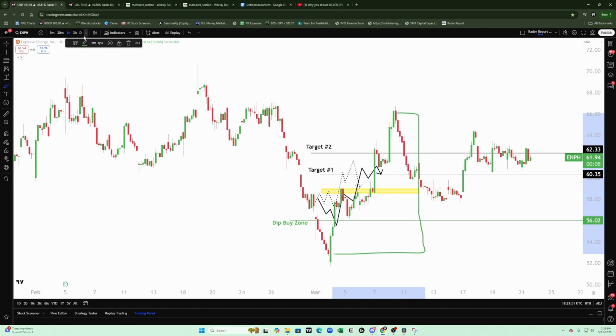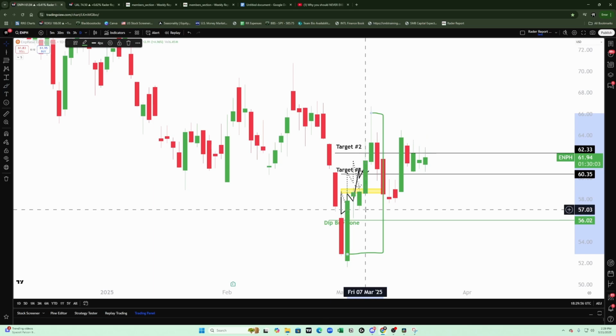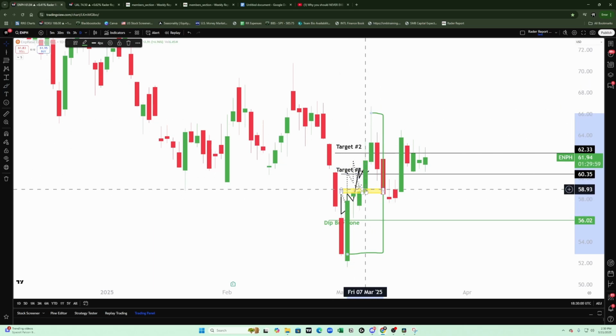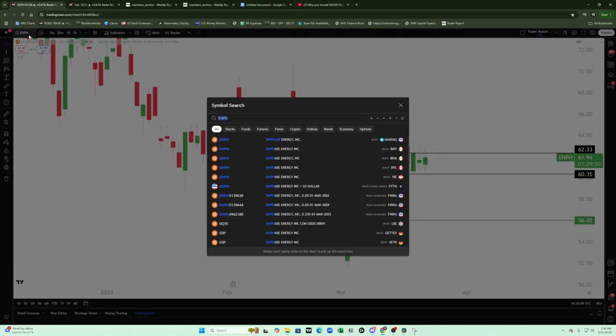This moved off of the low well over 10% in a single day. And then the next day after that, it moved almost another 5-6% and even another 5-6% after that. So at the week's end, you moved from top to bottom over 20%, while the SPY didn't actually close green on the week.